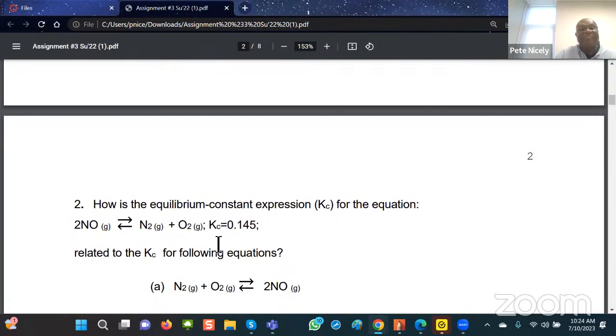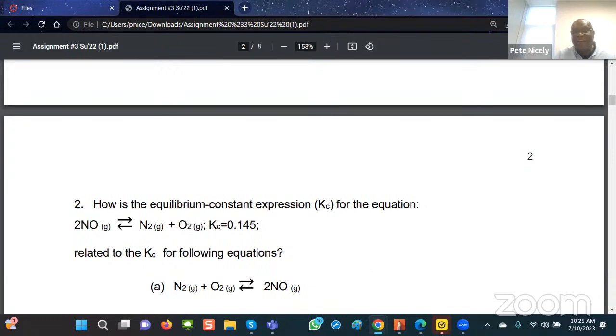An example of that is shown right here. They gave this equation, and they say that the KC for this equation is 0.145. That is what you'll typically observe when you're given the numerical value for KC or KP or the other equilibrium constants you're going to meet.